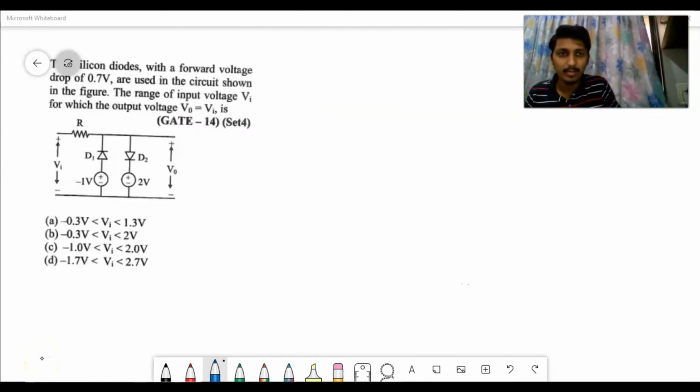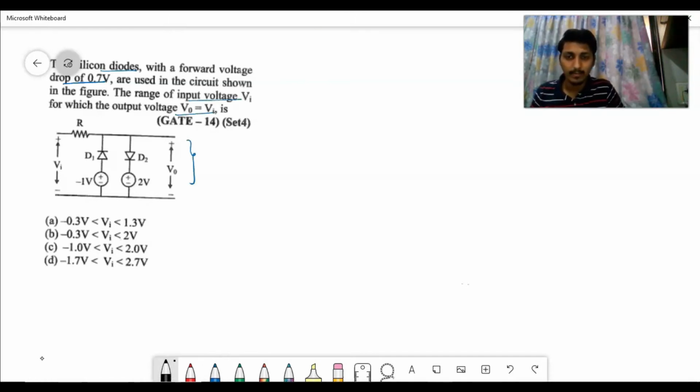So coming to next question, we are given two silicon diodes with the forward voltage drop of 0.7 volts, and we are given the circuitry here. We have to find the input voltage range with the output equal to the input voltage to be conformed.